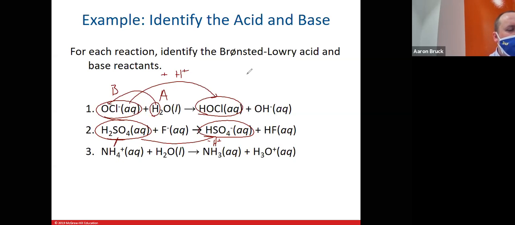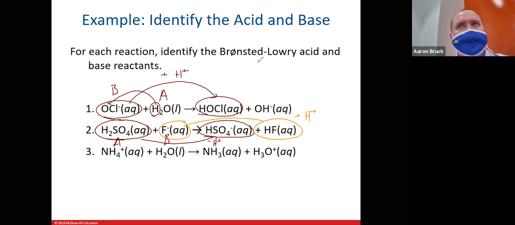That would mean that the H2SO4 is acting as an acid, and the fluoride ion is acting as a base. And I can do the same matching on the other side as well. I've got the fluoride turning into HF. So the fluoride was acting as a base in that scenario as well.